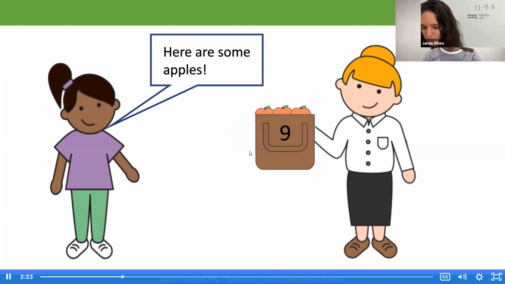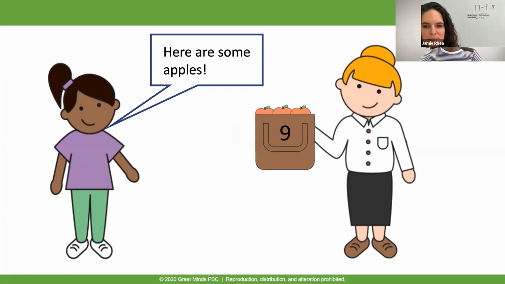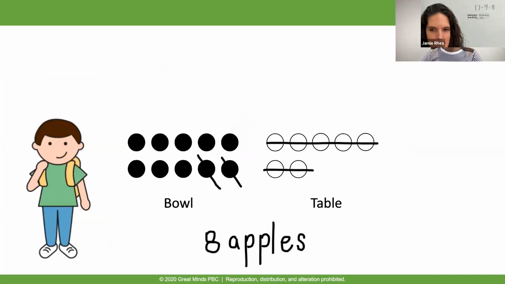Let's take a look at some of our friends' work. While we review their work, I want you to compare your work to theirs and think about what's the same and what's different. Let's first look at Ivan's work. While looking at Ivan's work, I noticed that Ivan drew 10 circles to represent the apples in the bowl and 7 circles to represent the apples on the table.